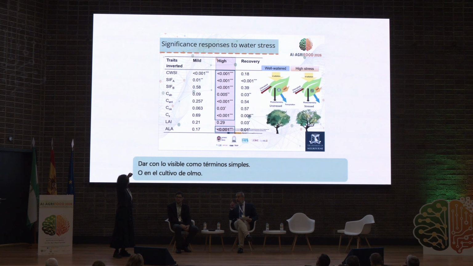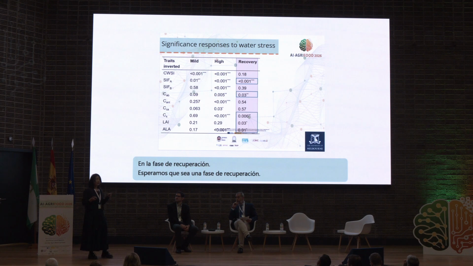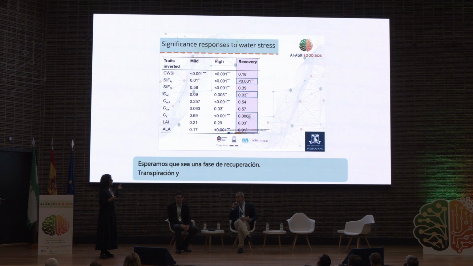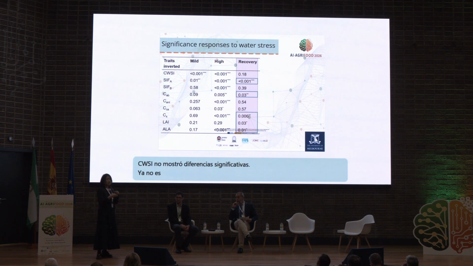On the recovery stage, we expect transpiration and photosynthesis all recover. However, we see CWSI did not show significant difference anymore, but SIF still has the significant difference between the two blocks.